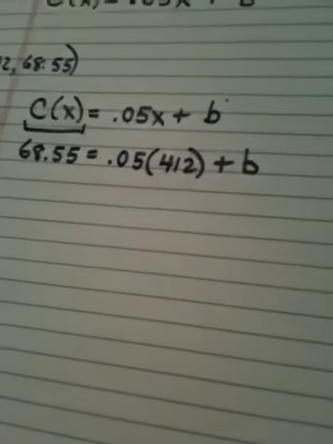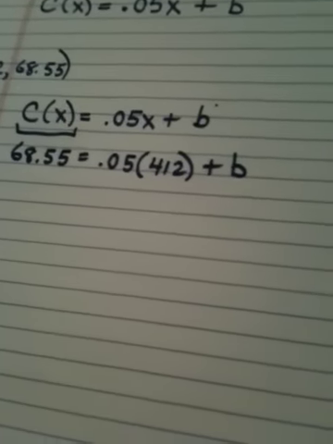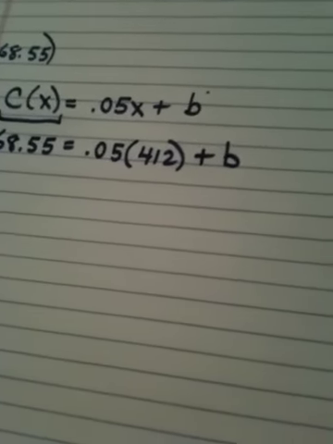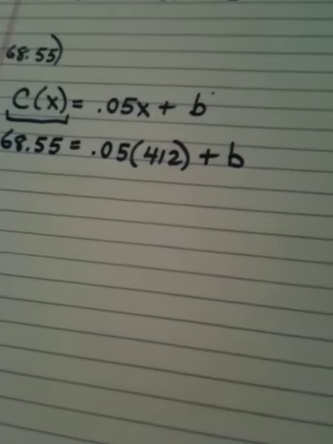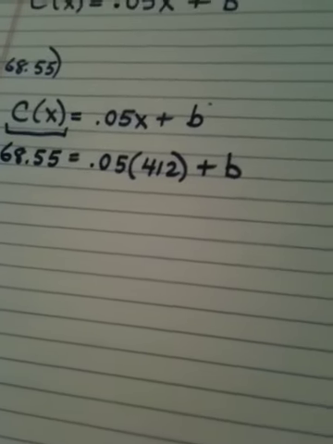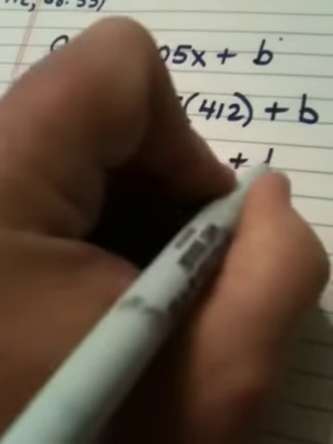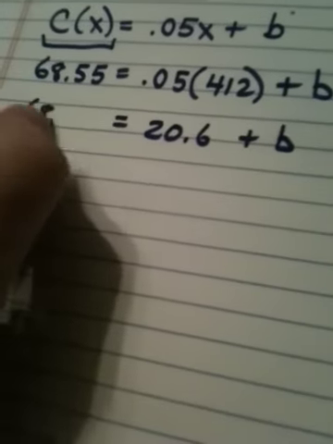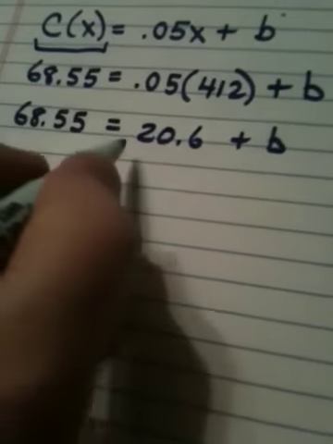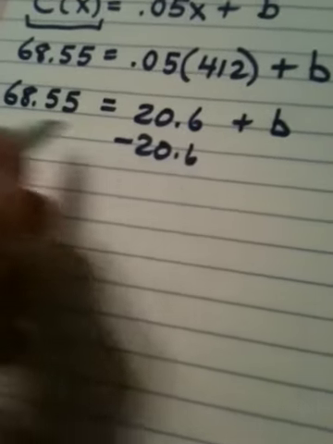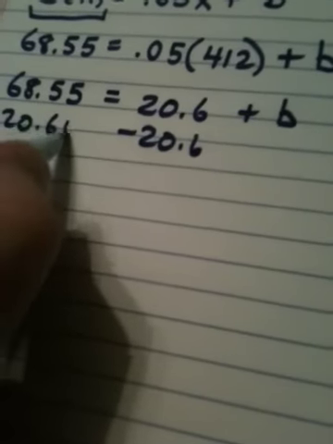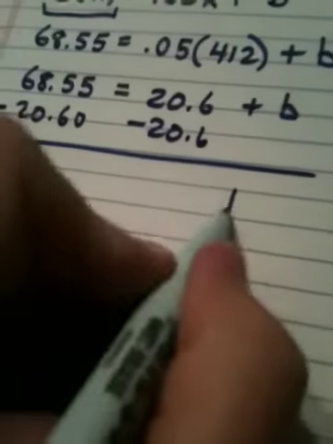Now on my calculator I'm going to take 0.05 times 412, and that gives me 20.6. Then I'm going to subtract 20.6 from both sides, which is of course 20.60.